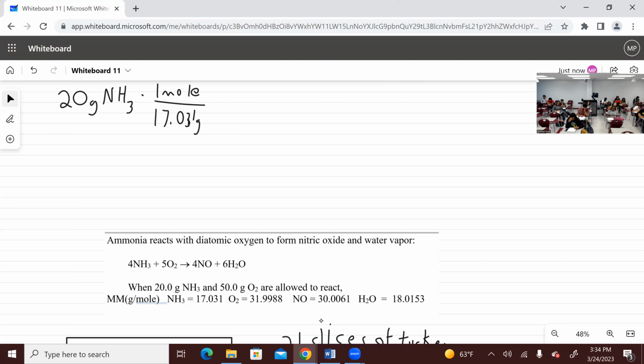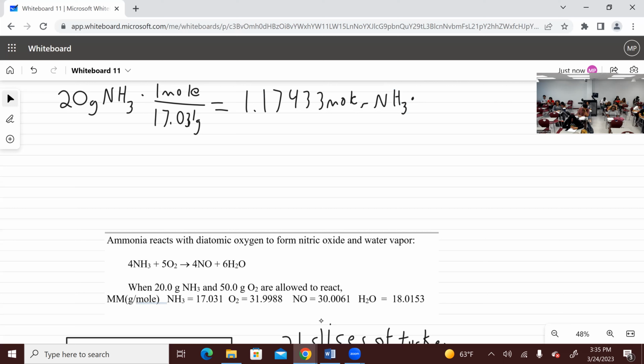So I put 1 mole in the top and 17.031 grams in the denominator, so grams will cancel out. I take 20 divided by 17.031, and I get 1.1743 moles of NH3. All right.